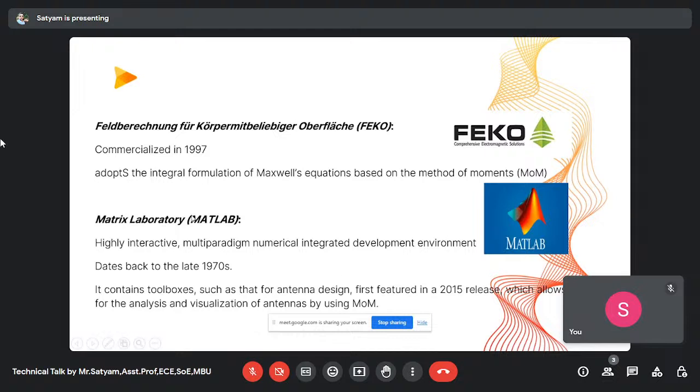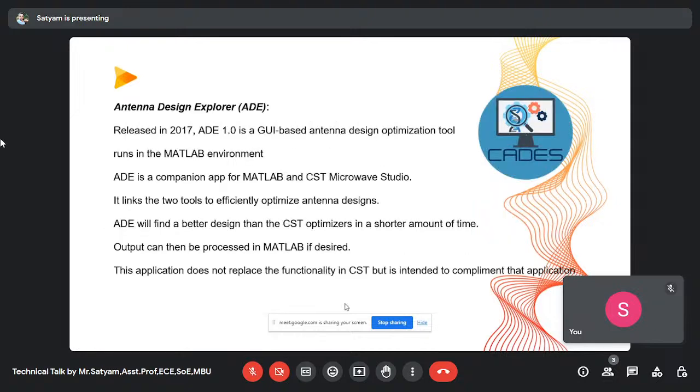The fourth software is MATLAB, which we all are aware of. It uses some toolboxes for antenna design, and those toolboxes use MoM, method of moments, right? The fifth one is ADE. Actually, it is almost MATLAB based only. It is a graphical user interface based antenna design tool released in 2017. So out of the five, it is the most recent one, and it behaves like a companion between the MATLAB and the CST platforms.